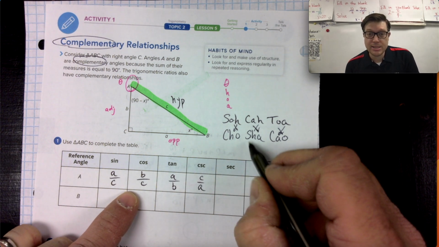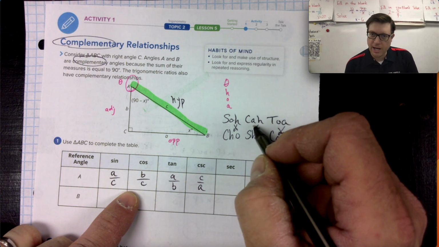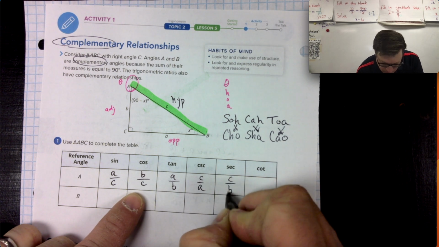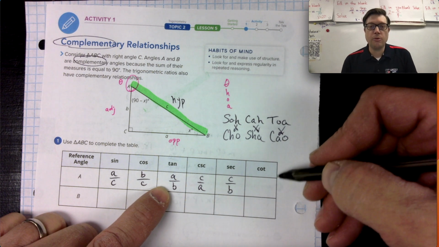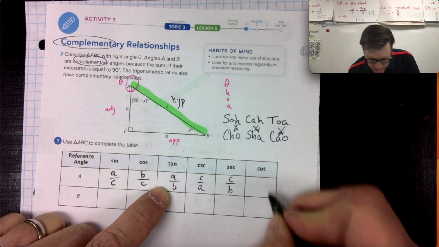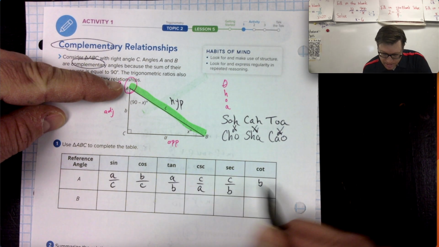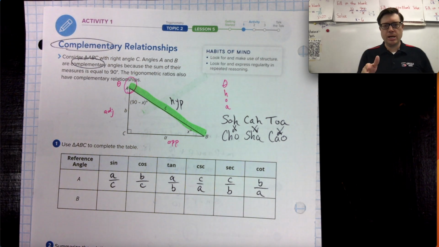Secant is hypotenuse over adjacent side, the cosine fraction, but flipped. And cotangent is the reciprocal of tangent, so your opposite adjacent relationship becomes adjacent opposite. And from angle A, that would be adjacent opposite. Did you catch that? Because I'm going to ask you to do that in angle B.